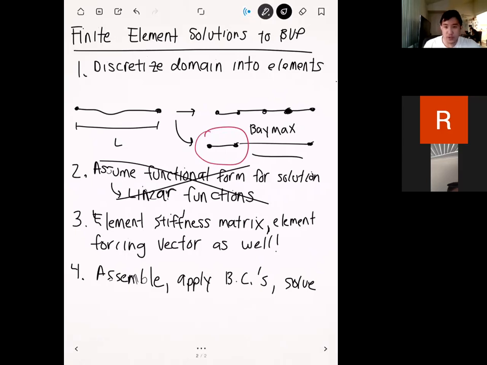Okay, so let's jump into an example. In this example, let's consider the following bar. This is going to be a structural mechanics problem. On the left-hand side here, we have a fixed support.